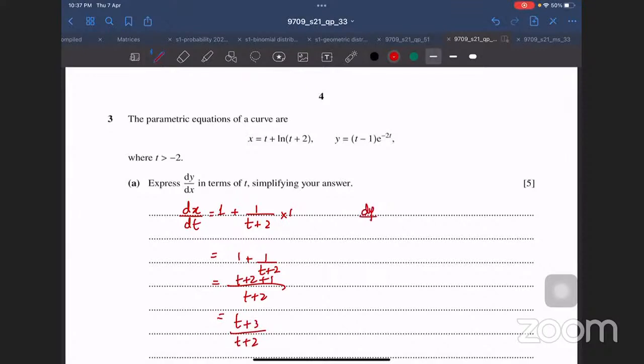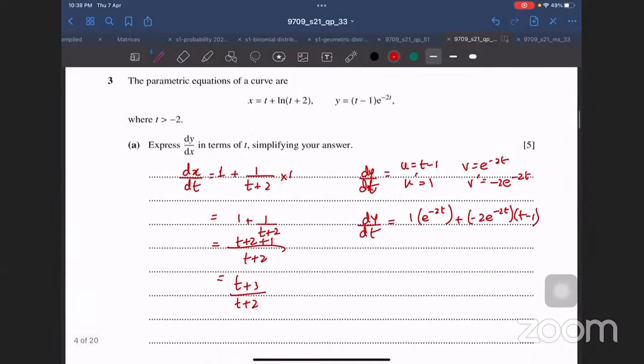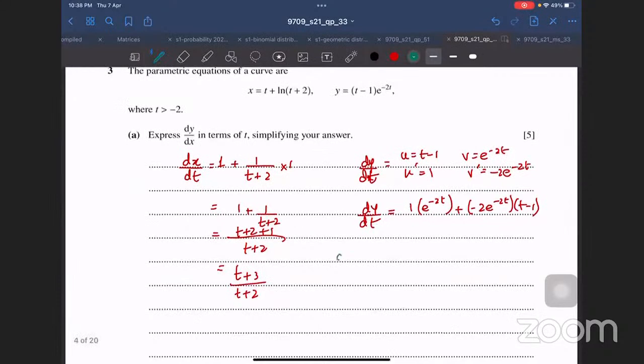Now for dy by dt, I need to use the product rule because I see a product of two expressions. u dash is 1, v dash is minus 2 e power minus 2t. Sorry, this is dy by dt. So u dash v plus v dash u. I will simplify that later if I need to.